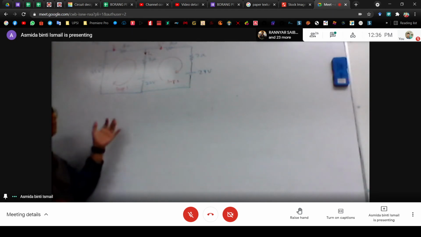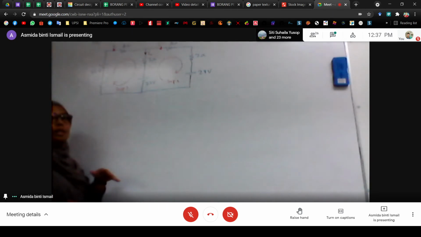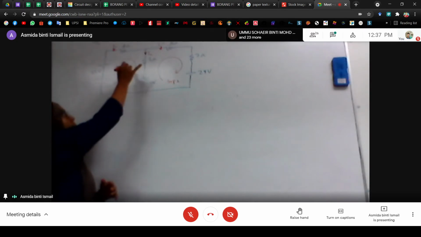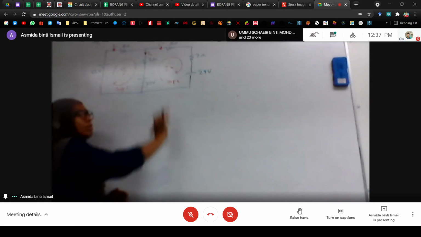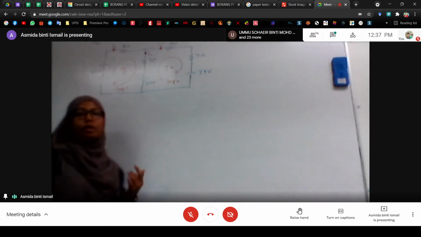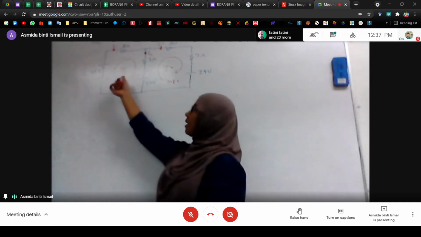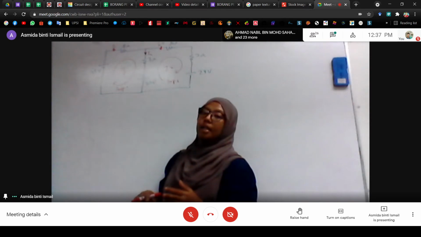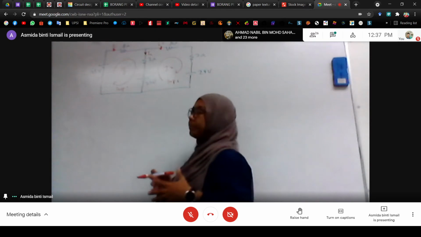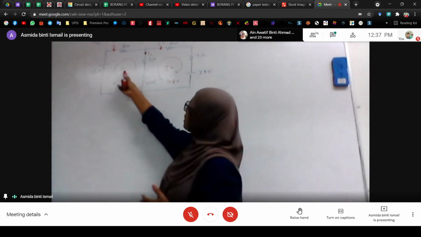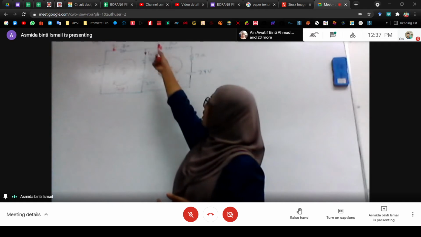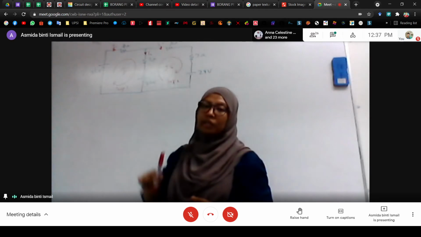So I said that if you write this as I1 and I2, you can write this as I1 and you can write this as I2, but you need to make sure this I1 is equal to this I1 and this I2 is actually negative I3.